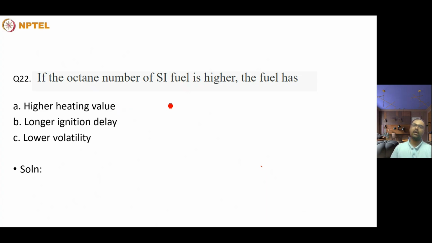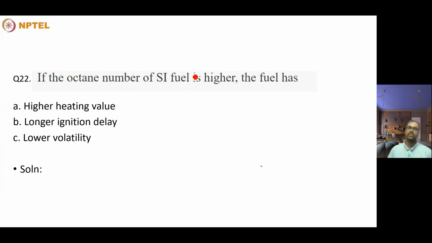The important thing to notice is that this is an SI engine fuel and the octane number. Higher the octane number, the lower the chances of knocking. This is completely opposite to the quantity which we refer to in the case of a CI engine. CI engine is called a cetane number, where the fuel should be having comparatively less ignition delay.